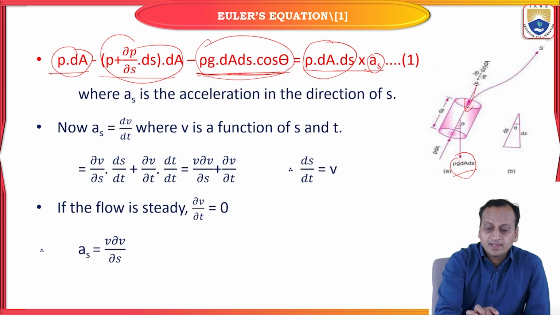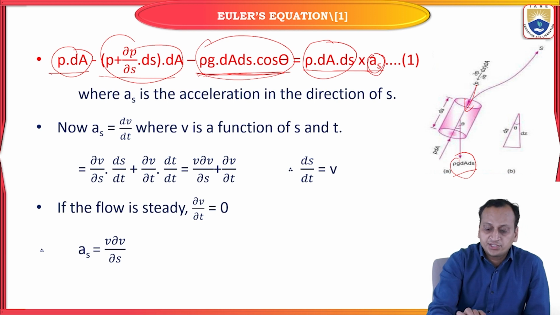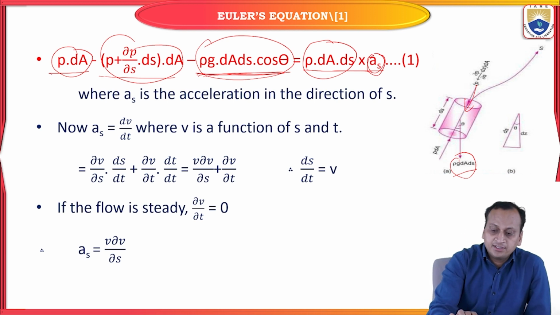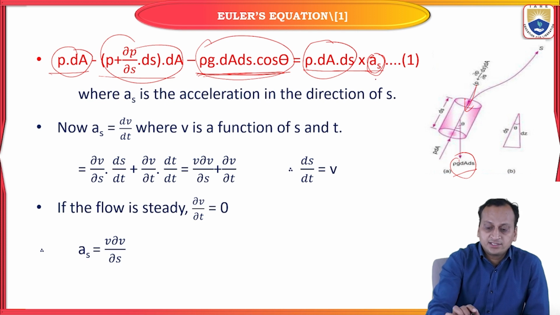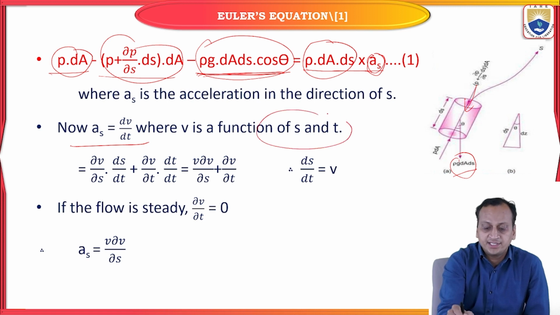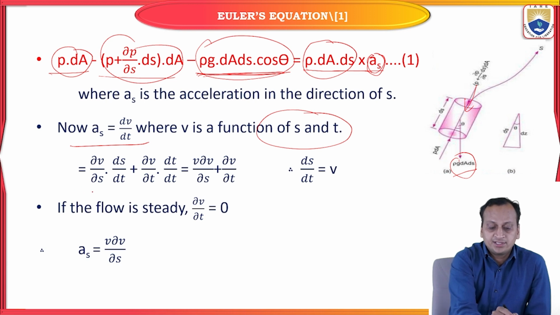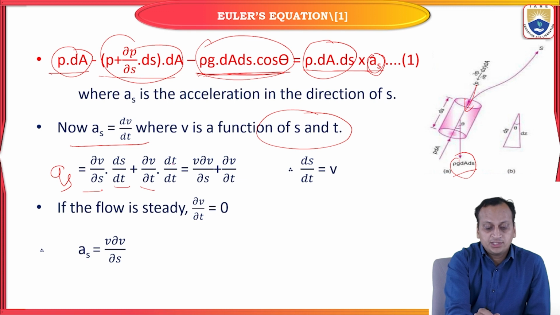From this we have to derive a_s, where acceleration is a function of v and t. Because acceleration is nothing but the rate of change of velocity, we can write it as dv by dt, where v is a function of s and t again. So from the chain rule of differentiation, a_s equals dou v by dou s into ds by dt plus dou v by dou t into dt by dt.